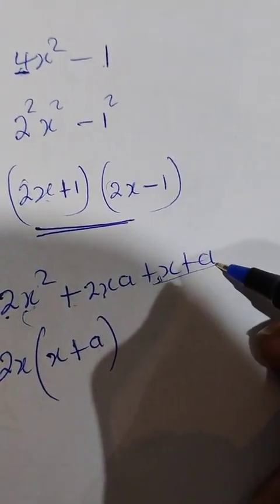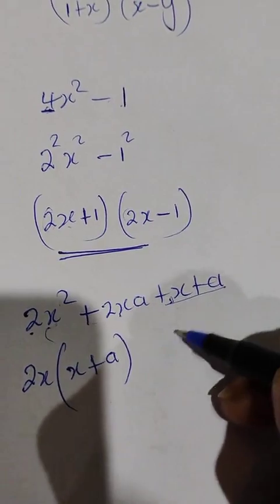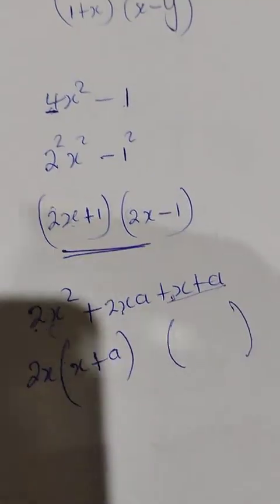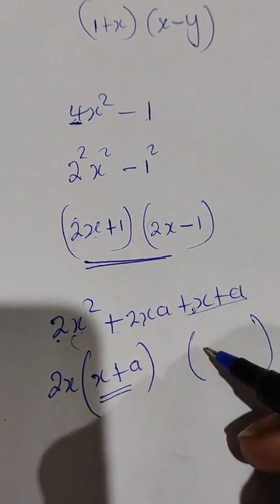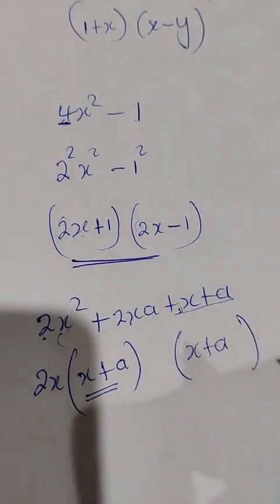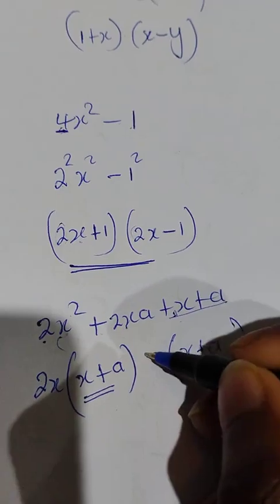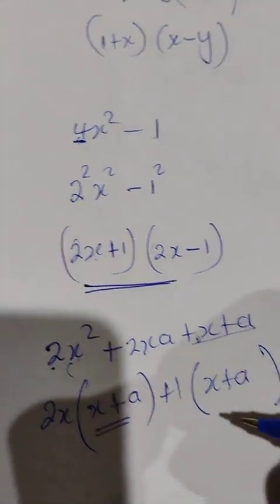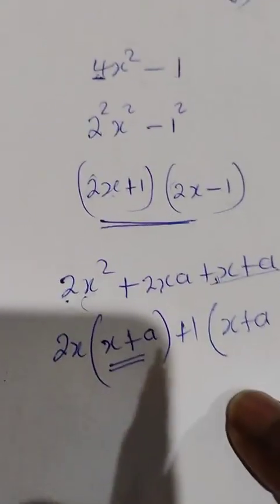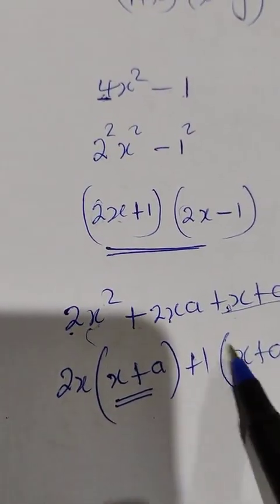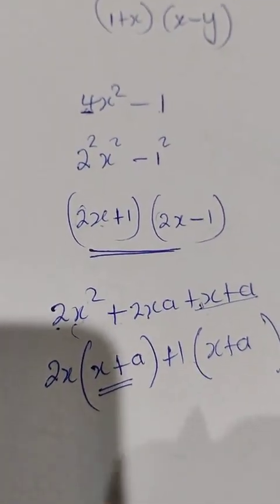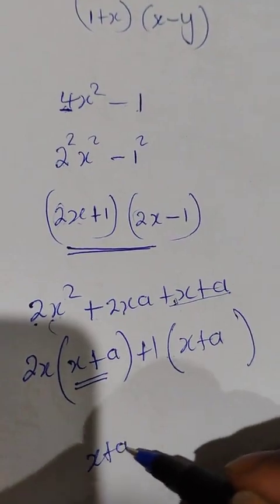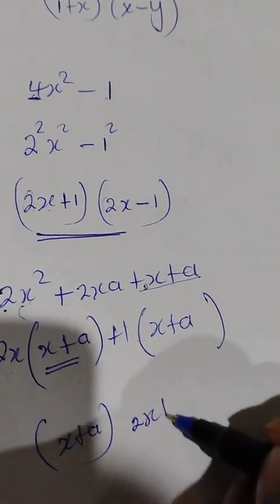Here we have x plus a. So if you have x plus a, what are you going to factor? Our first bracket was x plus a, which means for us to remain with x plus a here, just put plus 1 outside. Most of the students, they get confused here. If there is nothing to factor out, you just put plus 1 so that you can write x plus a and 2x plus 1.